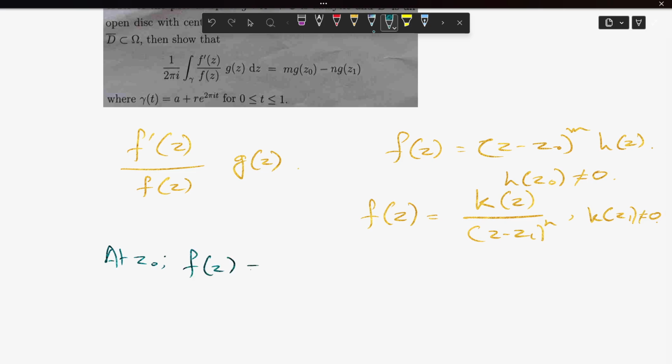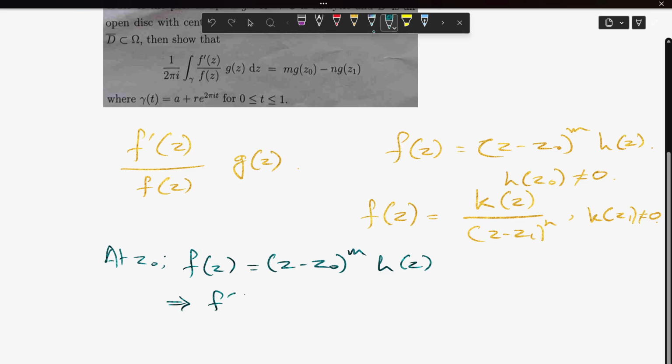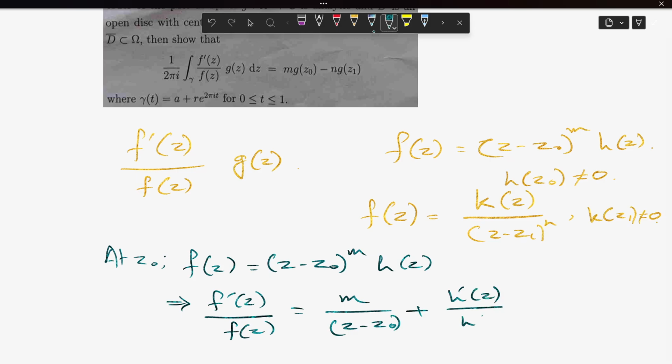Our f z will be equal to z minus z0 to the power m into h z, so f dash z by f z equals m by z minus z0 plus h dash z by h z.